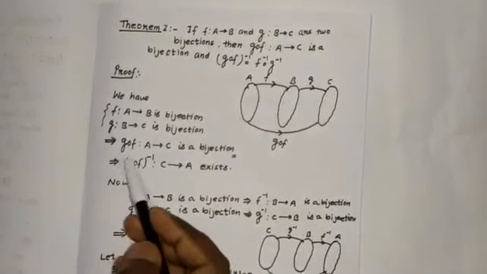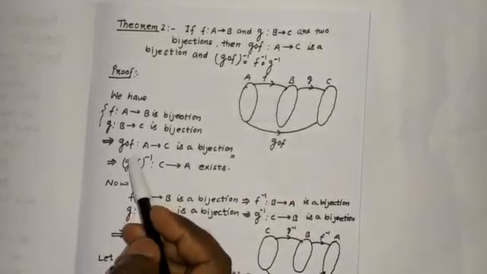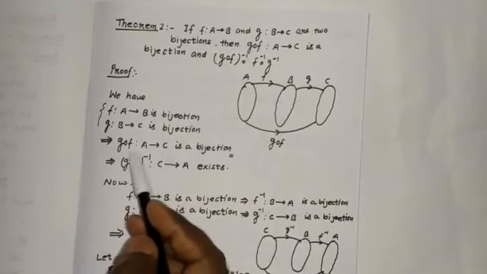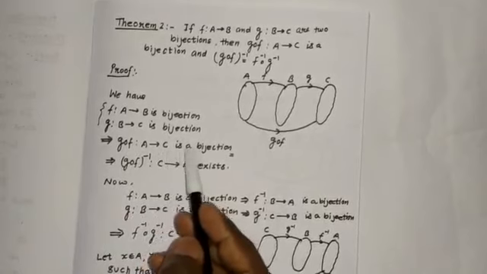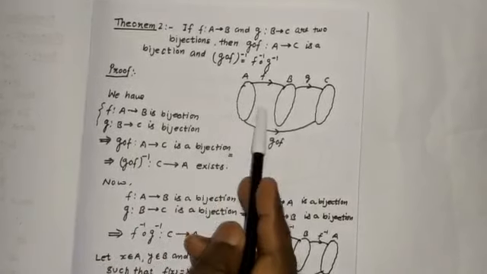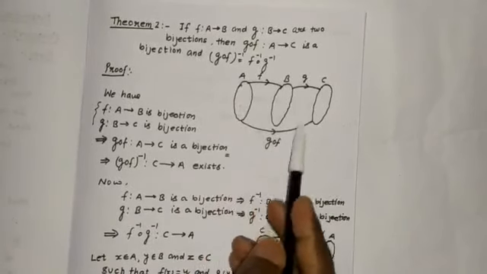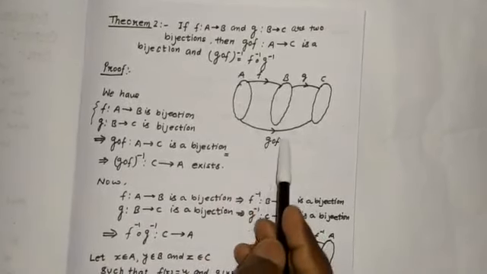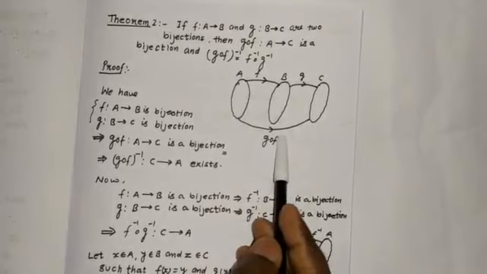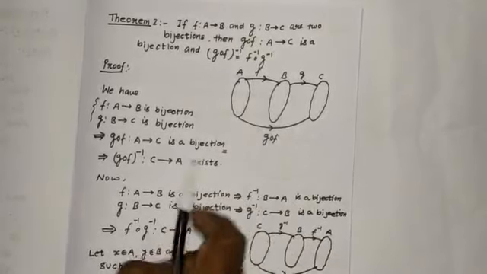As we discussed in composition of functions, the composition of bijective functions is also a bijective function. So if the f function and g function both are bijective, then their composition is also bijective. It means g of f is also bijective.